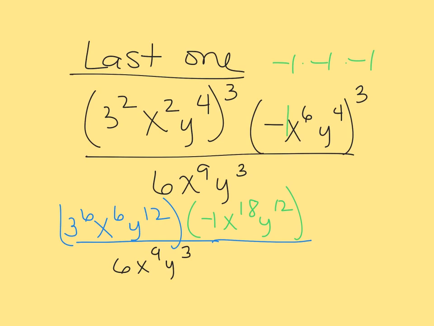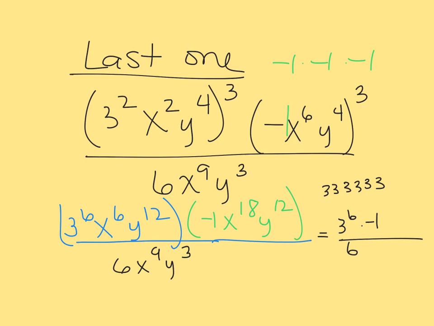All right, now, again, you can work this problem out however you want. So let's start with the coefficients. Here's what we have. We've got 3 to the 6th times -1 over 6. So 3 to the 6 is 3, 3, 3, 3, 3, 3. Before I multiply it out, I'm going to think about what can happen here.